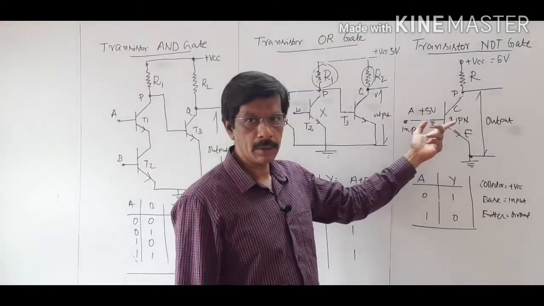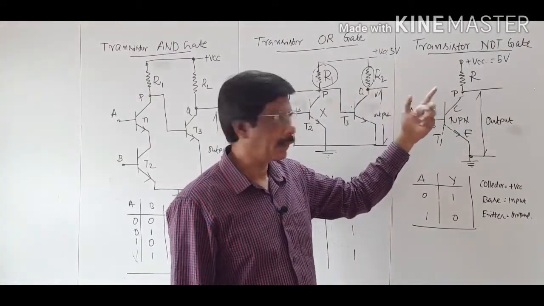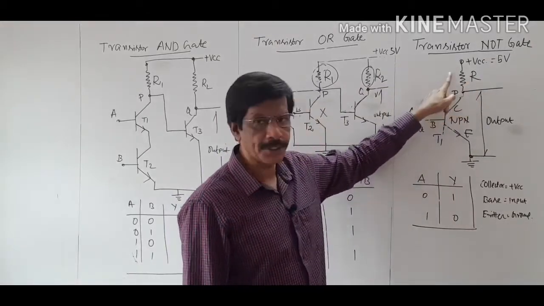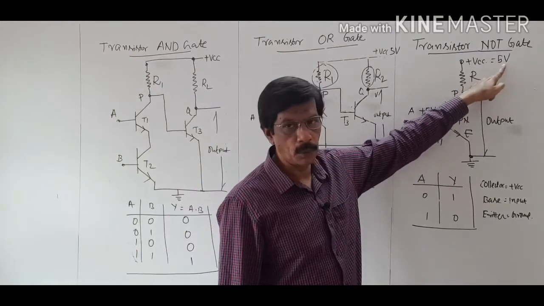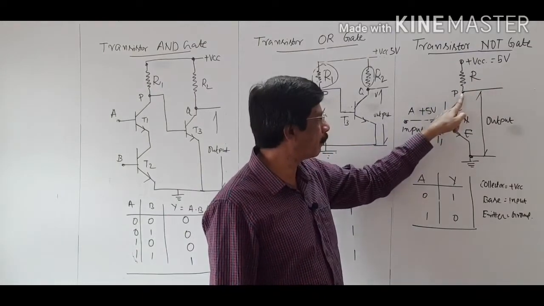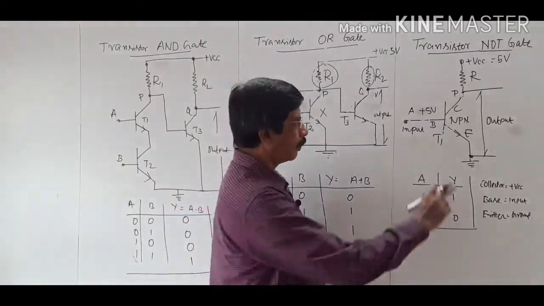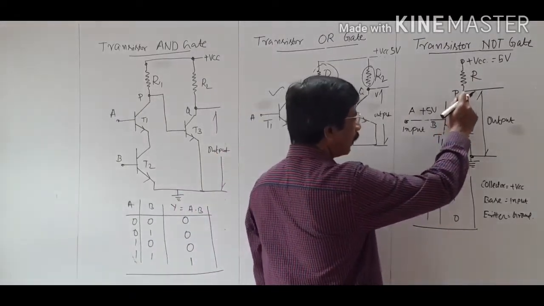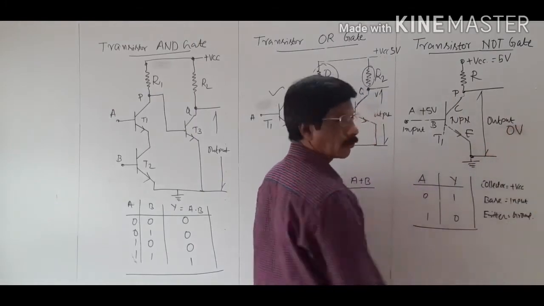When it switch on, it starts conducting, generating current. That current is dropped across the resistor R. Now, the applied voltage plus 5 volt cannot enter the point capital P because you have the voltage drop here. When you measure the voltage between the point capital P with respect to ground, it shows almost 0 volt.